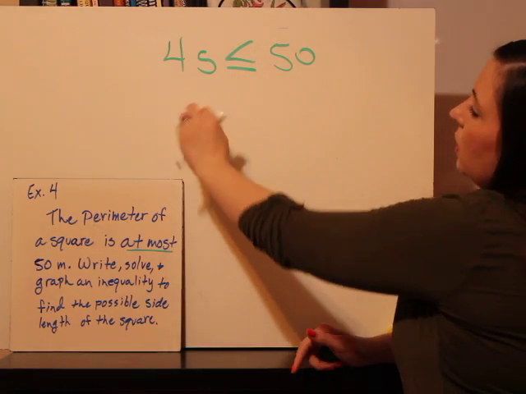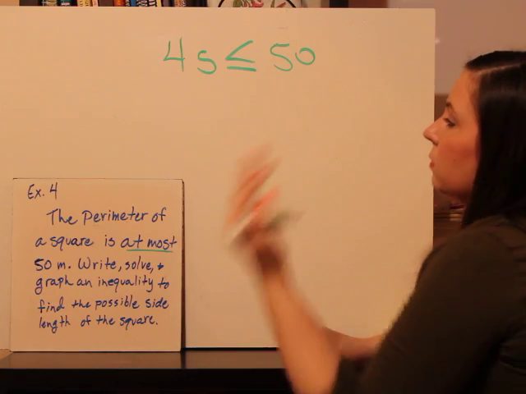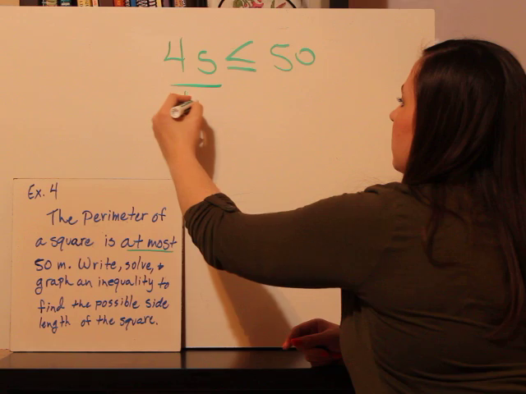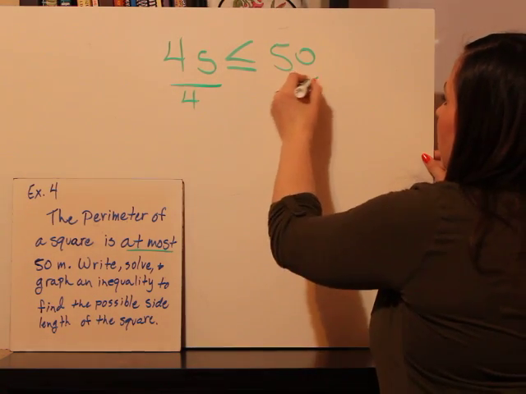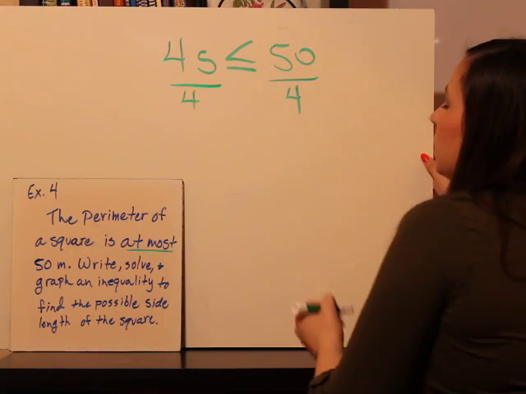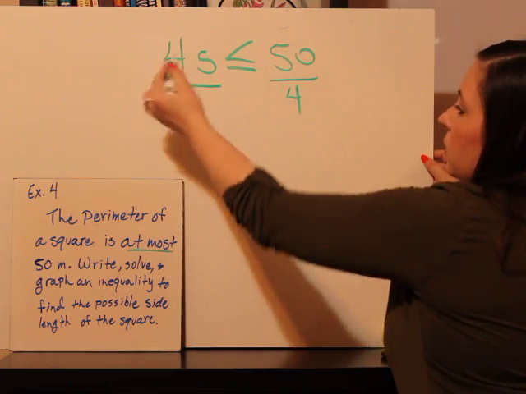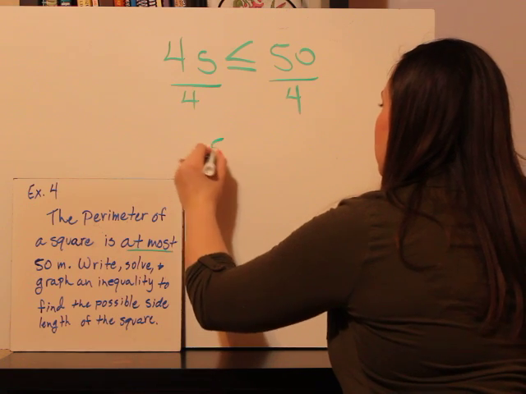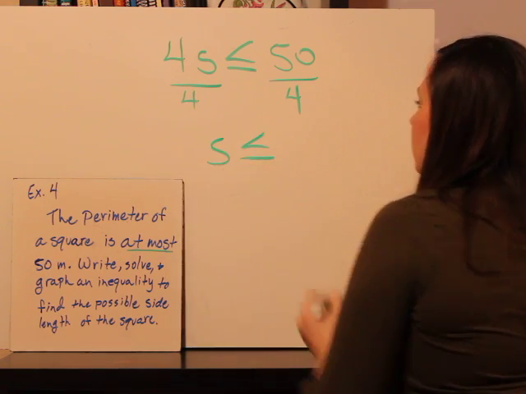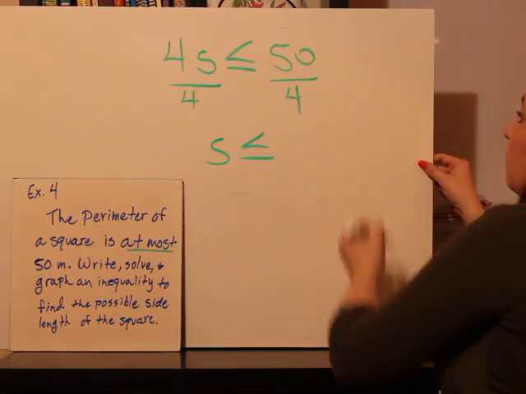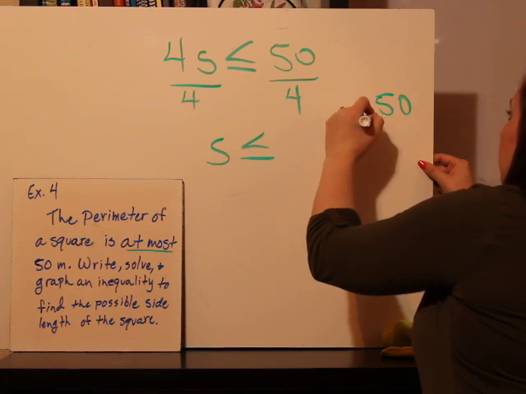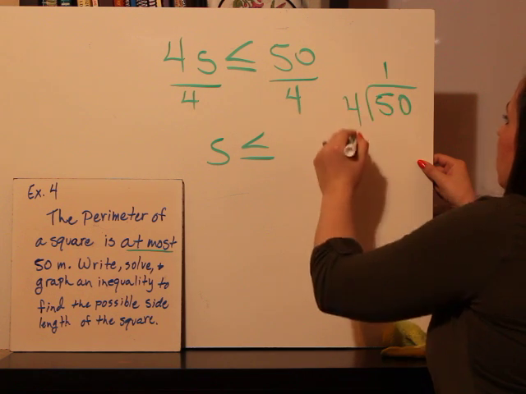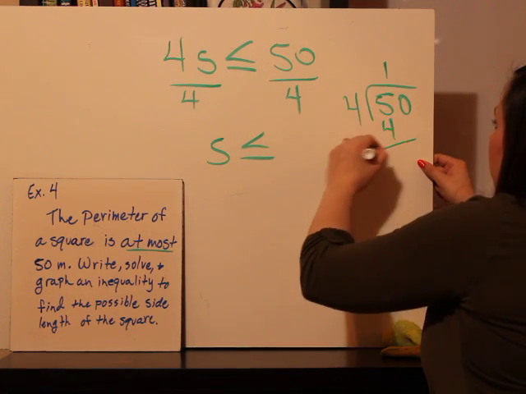Now we got to solve. This is a 4s. We got a 4 in front, means it's multiplying, so we're going to divide by 4. Over here, got to divide by 4. Same thing. On this side, 4s divided by 4 is just s, less than or equal to. Now you got to do 50 divided by 4. 4 can go into 5 one time. 4 times 1 is 4. Subtract.